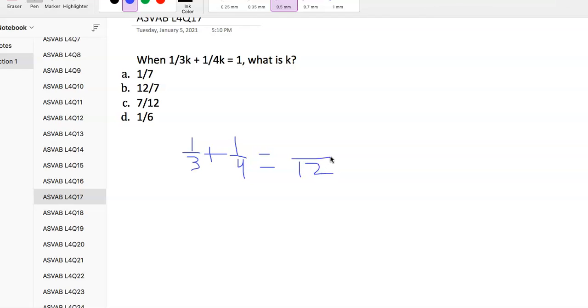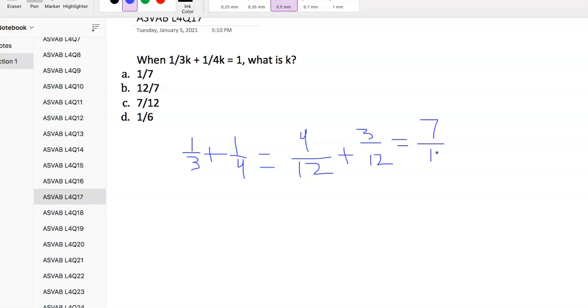So 1/3 is the same as 4/12, if I multiply the numerator and the denominator, the top and the bottom, by 4 each. Plus 1/4. Again, we want the denominators to be the same, so I multiplied by 3 on the top and bottom. That got us 3/12.